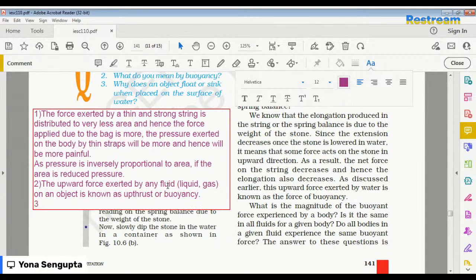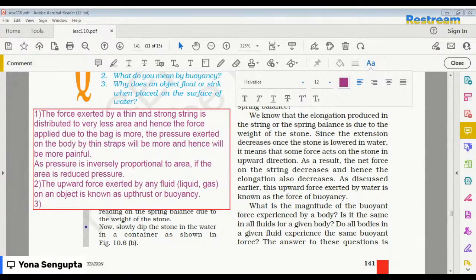Next is number 3. Why does an object float or sink when placed on the surface of the water? The answer is that the density of an object in water decides the floating or sinking of the object.